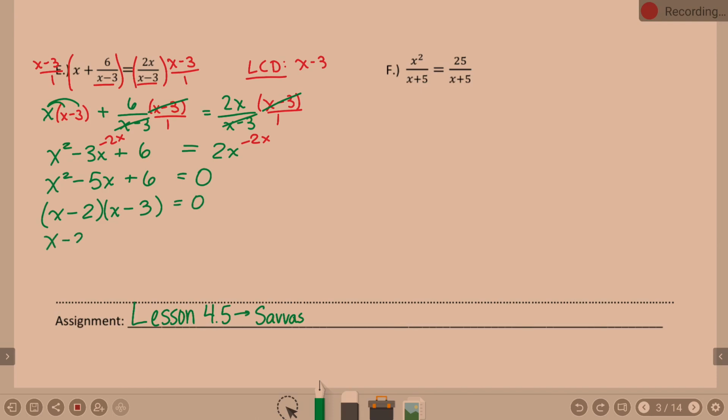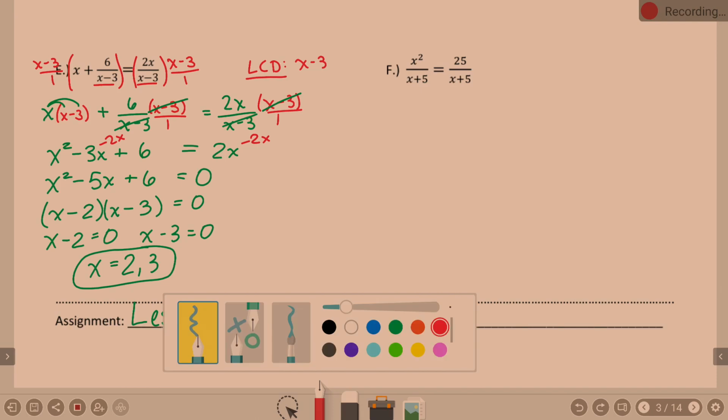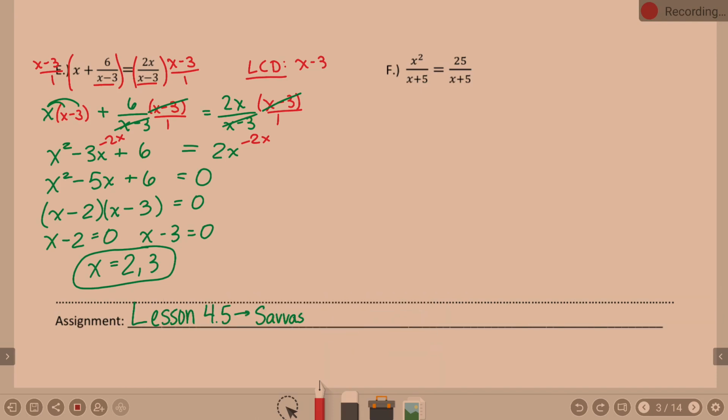So x minus 2 equals 0. X minus 3 equals 0. Solutions of 2 and 3. Do they work? Okay. 2 works. 3 is extraneous because it would make my denominator equal to 0.